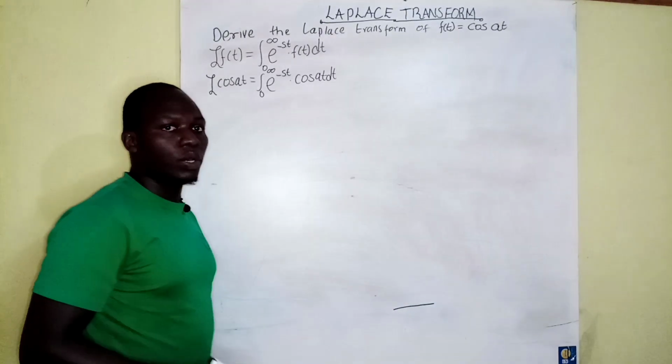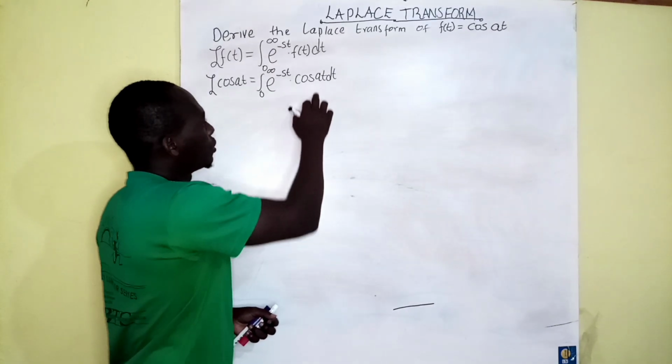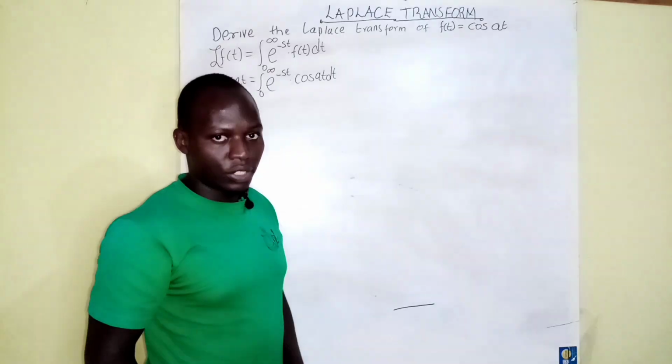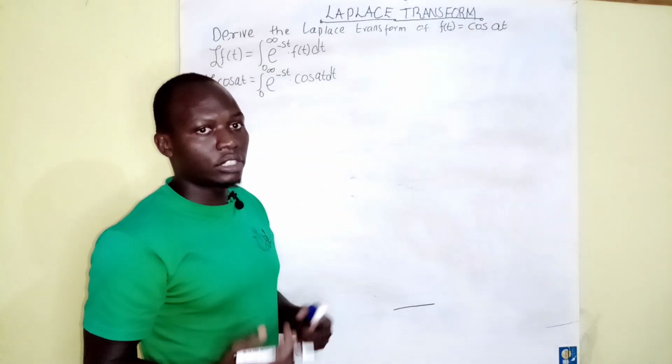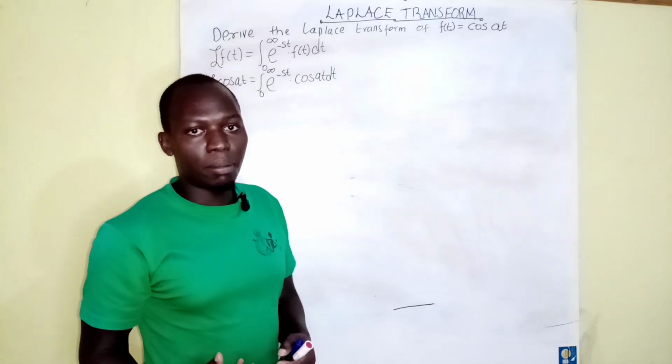At this point, the only thing that you are required to do is change cos at into an exponential, and by changing cos at into an exponential, we are going to apply the complex number formula.